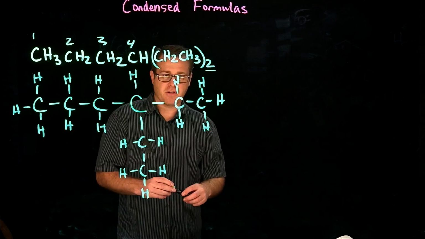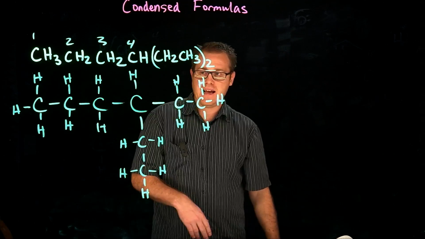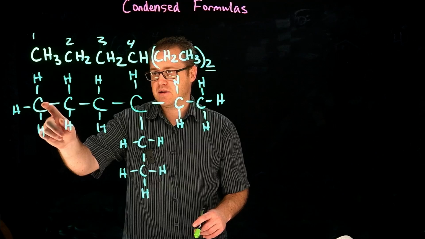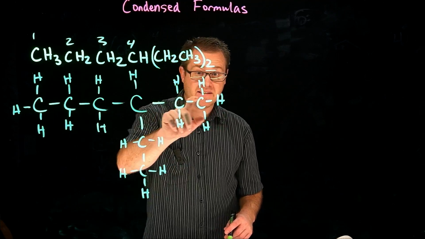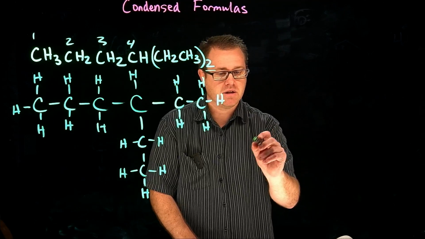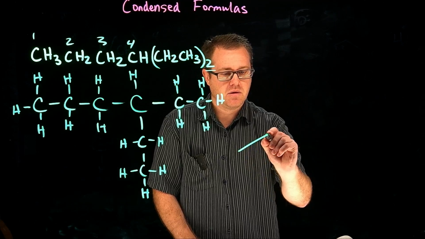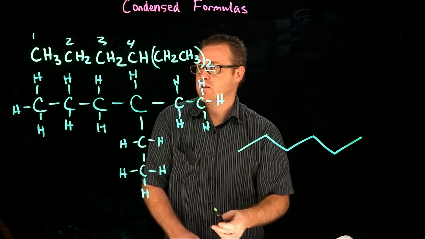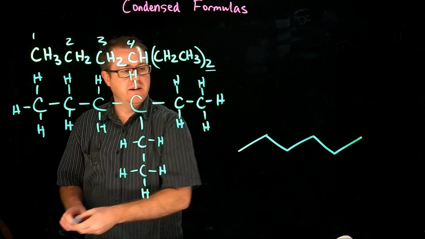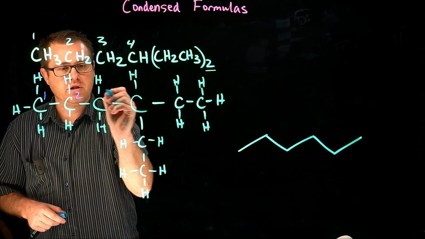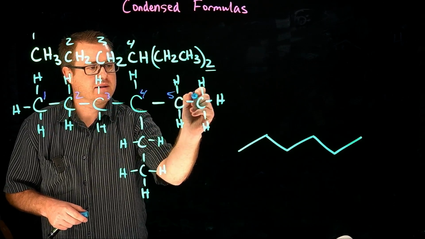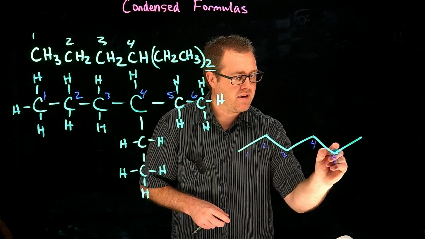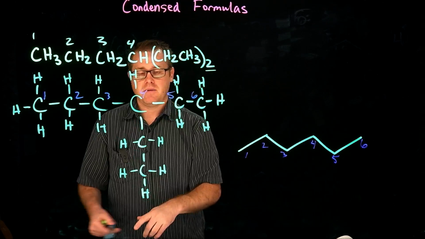Now when we want to convert that to a zigzag, I tend to just look at the longest horizontal carbon chain. There's 1, 2, 3, 4, 5, 6 carbons. So I just go. If we keep track of the numbering system here, that's carbon 1, 2, 3, 4, 5, and 6.